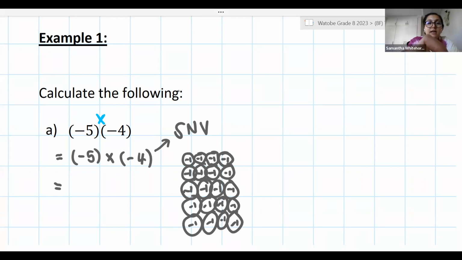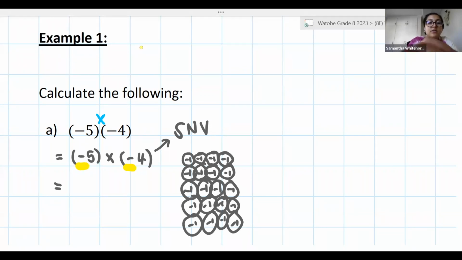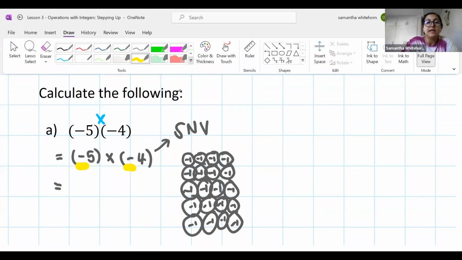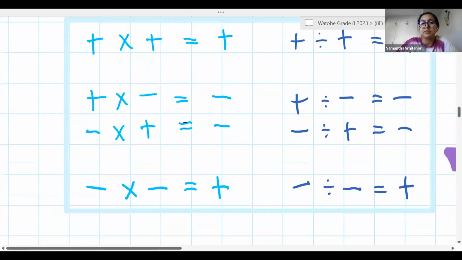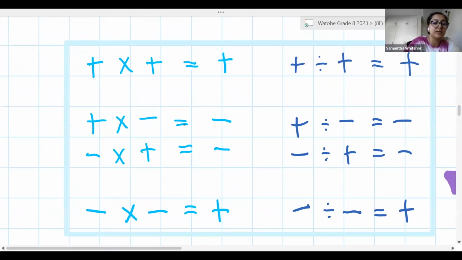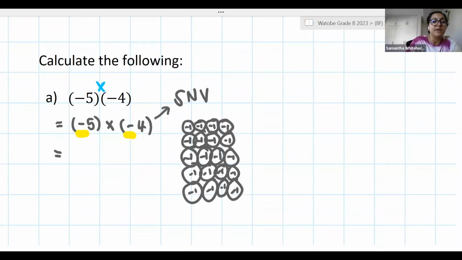Now, if I look at the signs that I'm working with here, my two signs are a negative and a negative. And so we know from what we just wrote down that when I multiply a negative and a negative, my answer is going to be positive. So I now know that my answer here is positive.